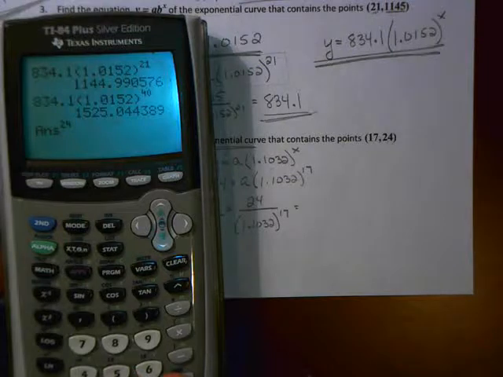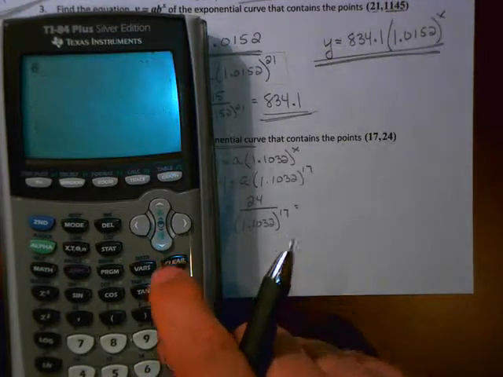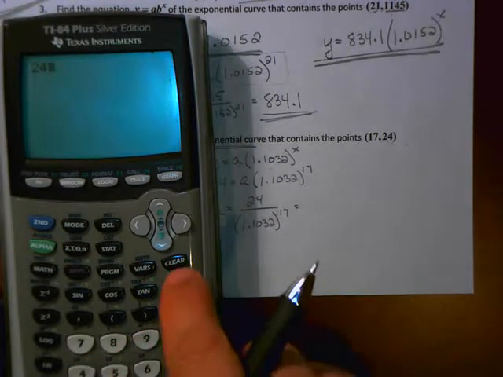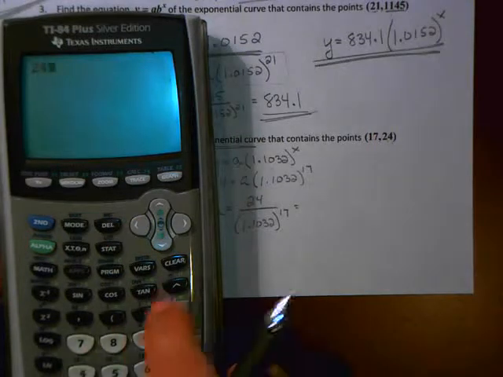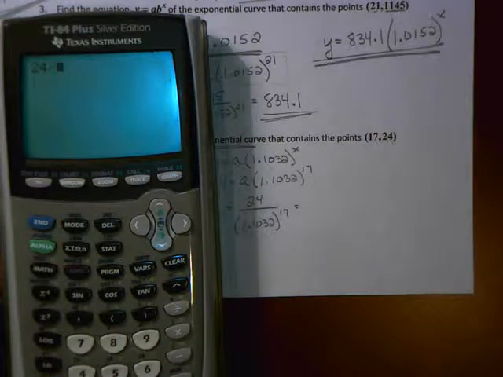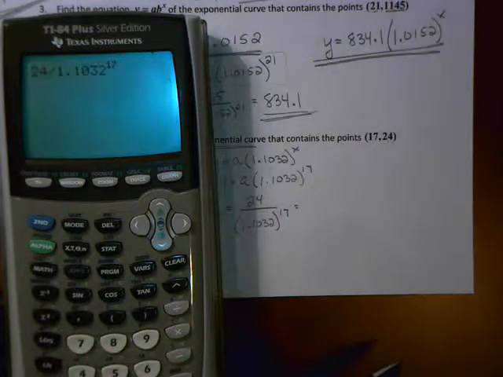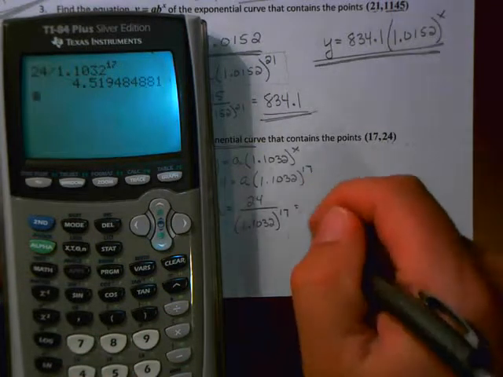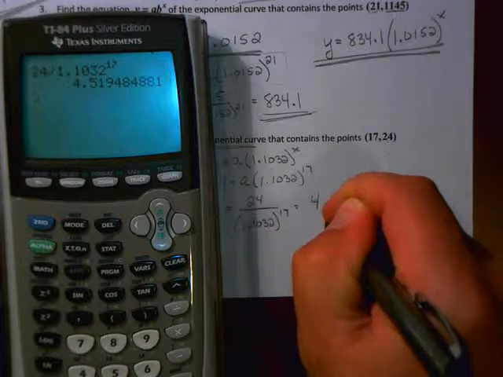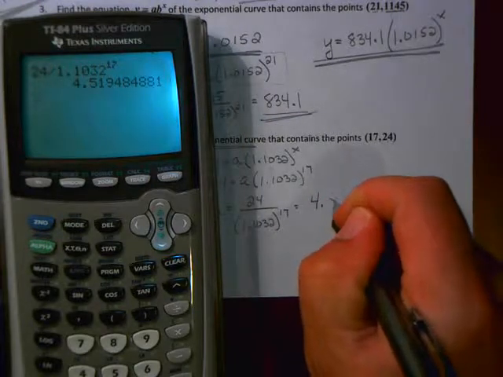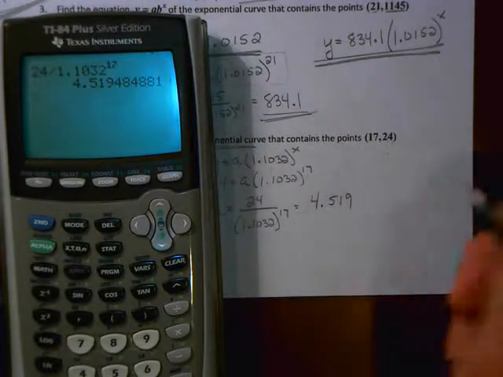24 divided by 1.1032 raised to the 17th, and we get 4.519.